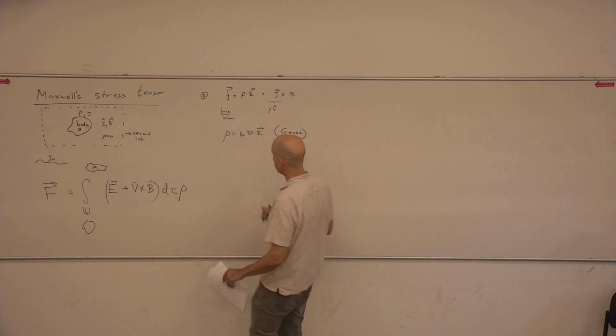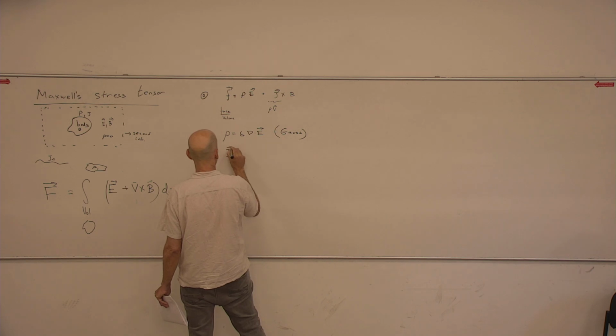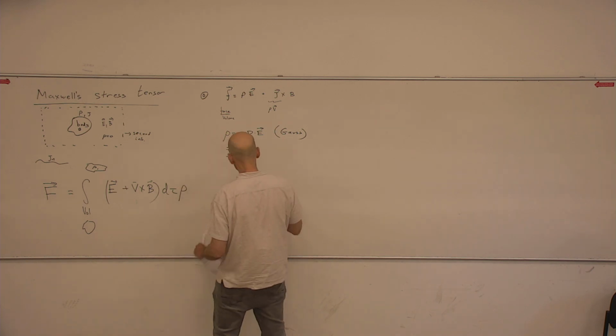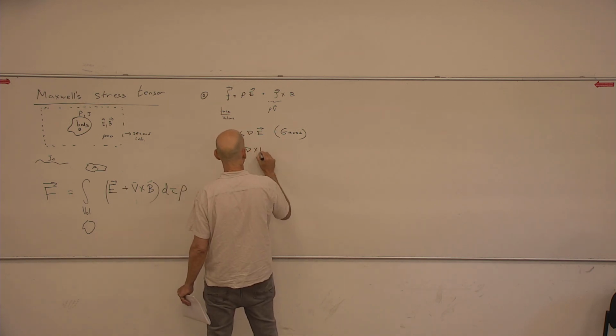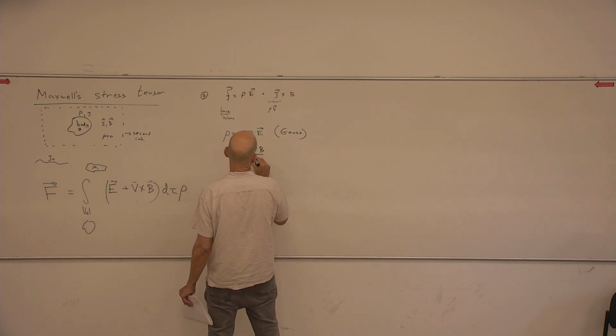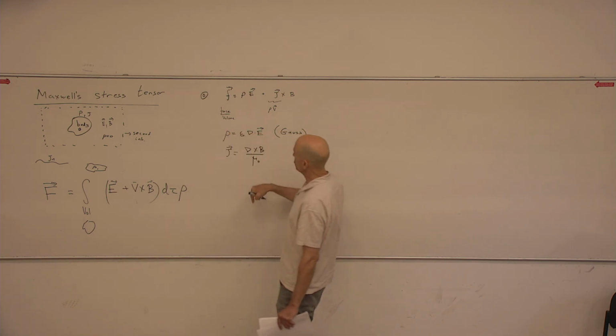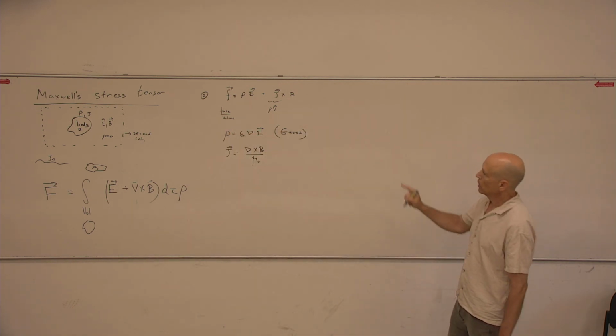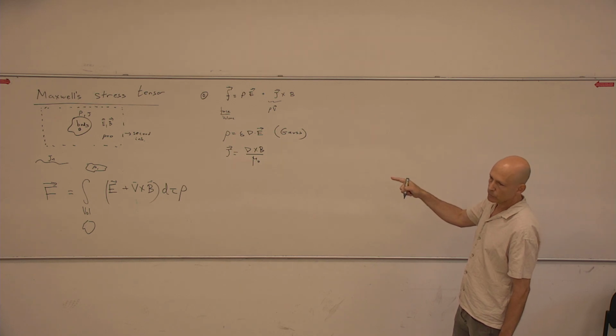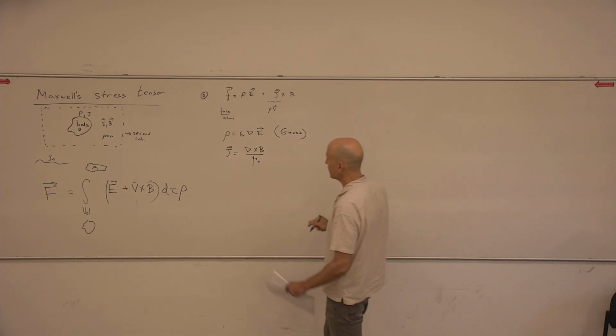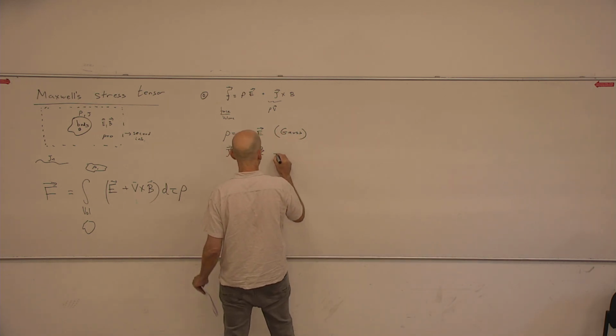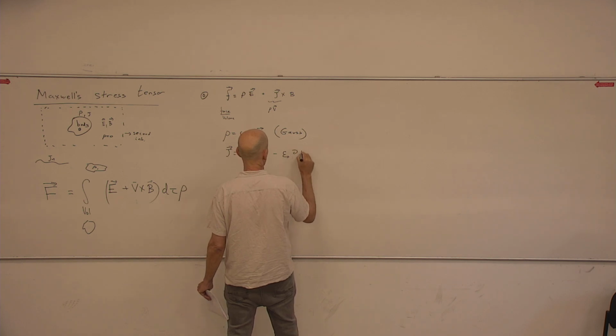And I can also write J as rotor B. You remember this, I hope. Maybe you don't remember if the mu0 is down or up. I always forget. This is Ampere. But there is the correction, the famous correction of Maxwell, minus epsilon 0 dE/dt.